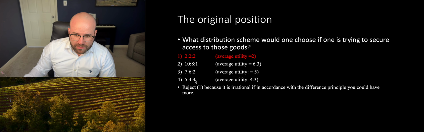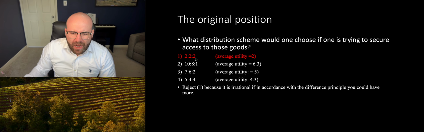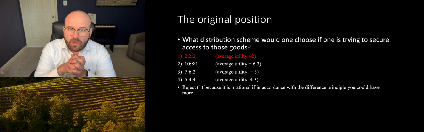And if you notice, everybody has more, including even the least well-off, which here constitutes 66% of the population, because it's 2/3. They're way better off than here. Why in the world would we choose to have everybody worse off for the sake of equality?